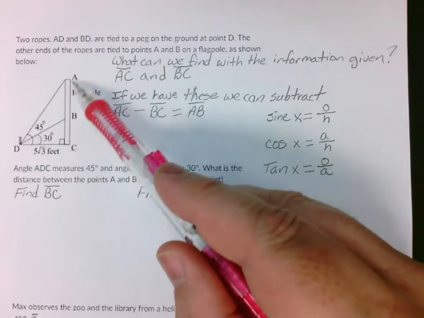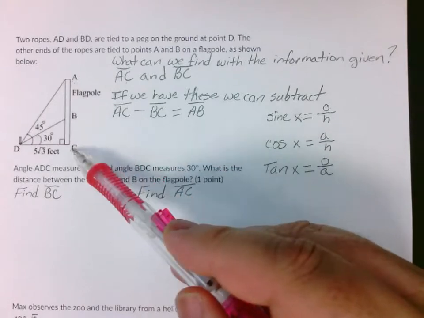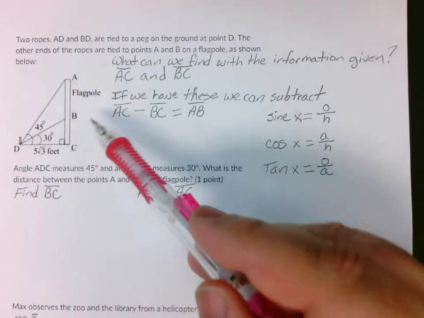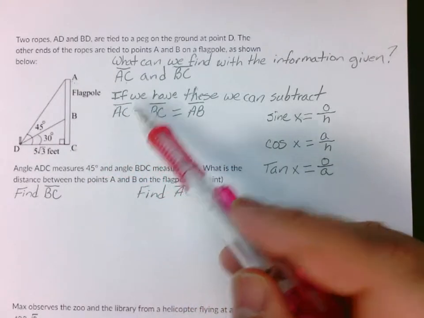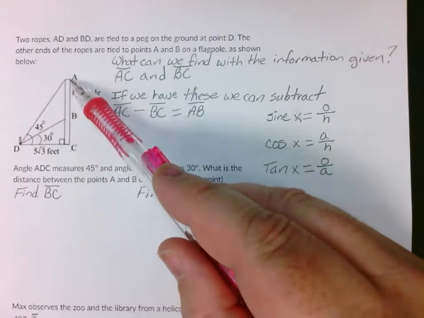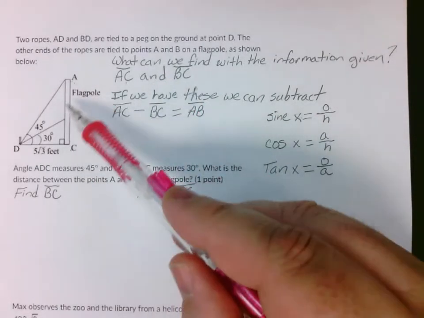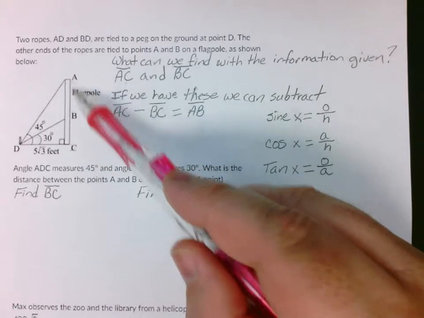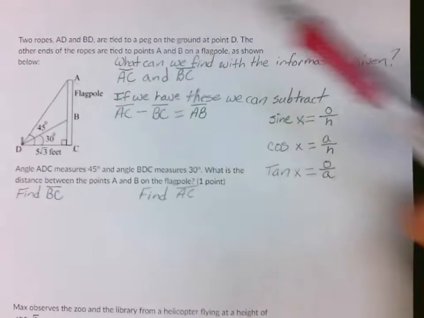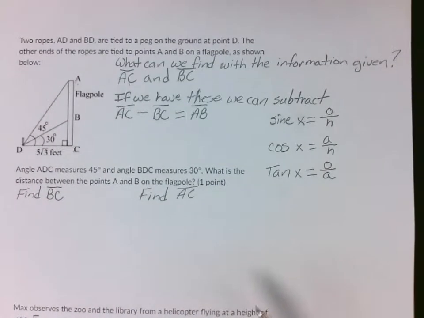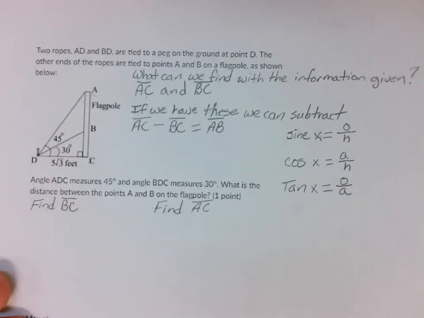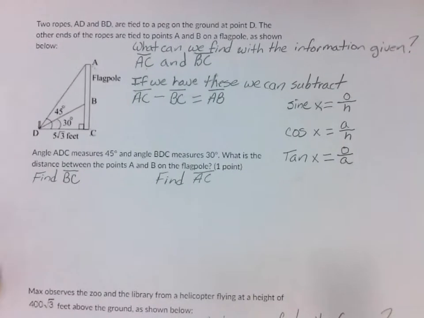So I have A to C and B to C. If I can find those two using trig functions, then if I take AC minus BC, I will find AB, okay? So to do that, we now need to use the sine or cosine or tangent.